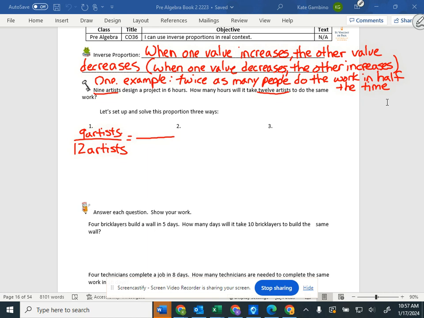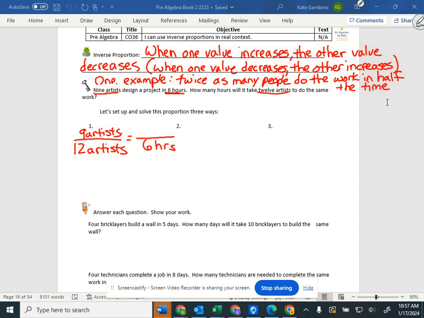I'm going to put 9 over 12, keeping the artists on this side. 9 artists take 6 hours. So we have them going across from each other, going diagonally. 9 artists do it in 6 hours. It's set up differently than what we're used to. So we're going across, like diagonally.